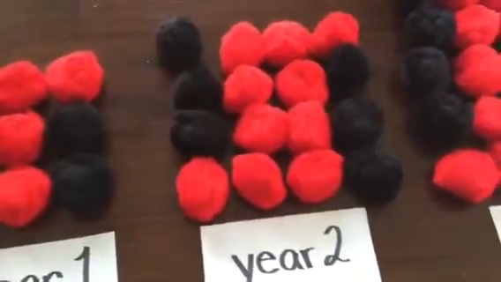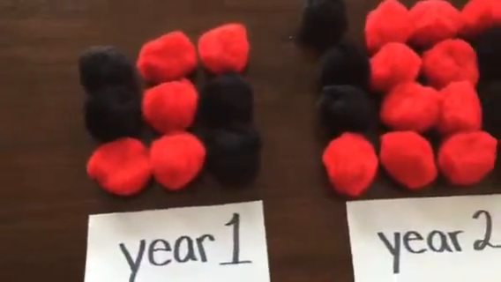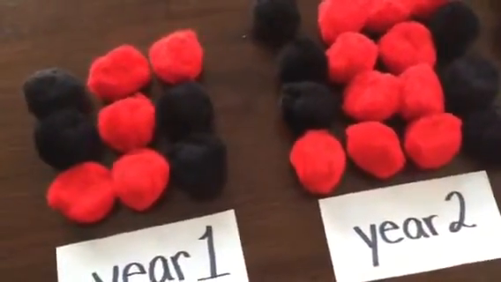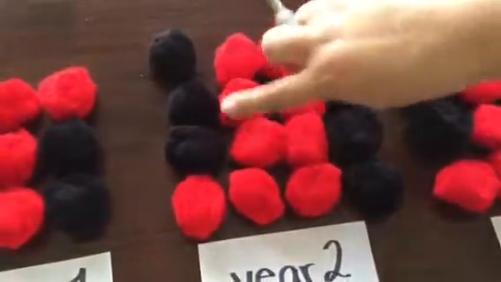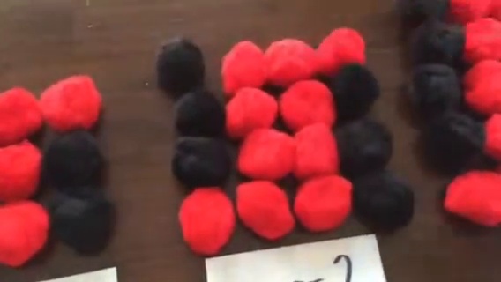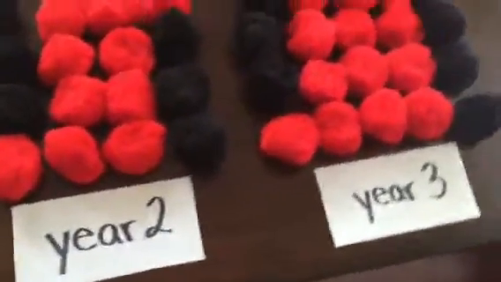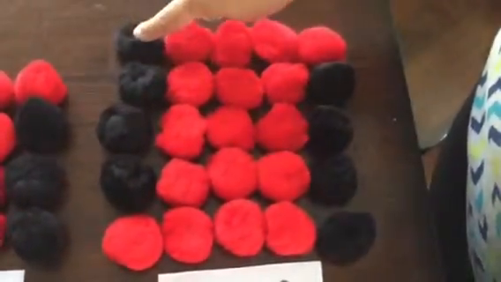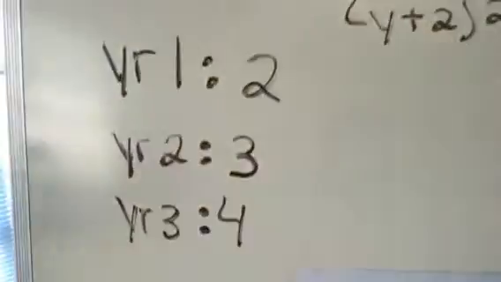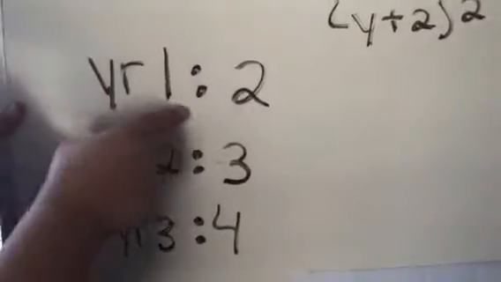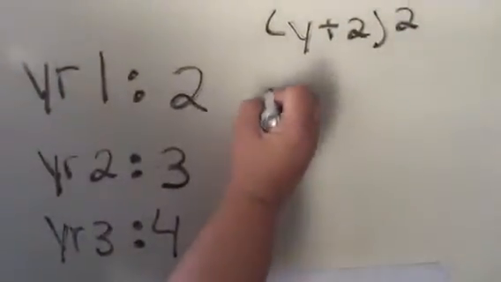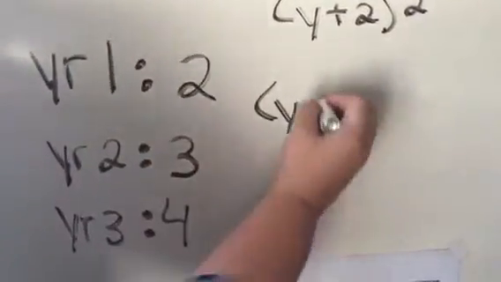So, for year 1, each section was 2 units. Year 2, each section was 3 units. Year 3, each section was 4 units. Here, we are able to see a relationship between the number of the year and the number of units. That relationship would be y plus 1.